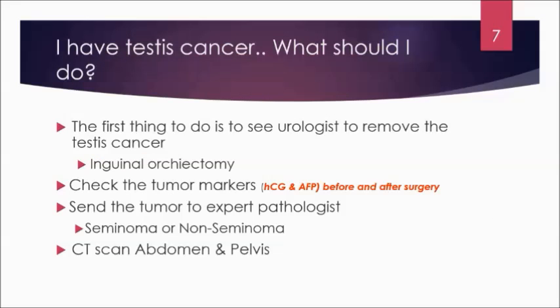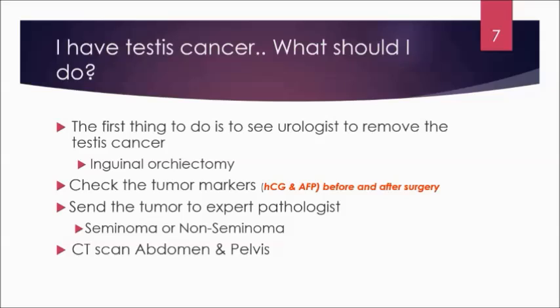So if the testicular cancer is diagnosed based on the ultrasound, then the first thing to do is to see a urologist. The urologist needs to check on you and perform what we call an inguinal orchiectomy. So we remove the tumor not through the scrotum, but through a small incision in the inguinal area.